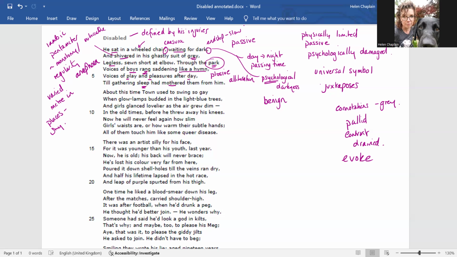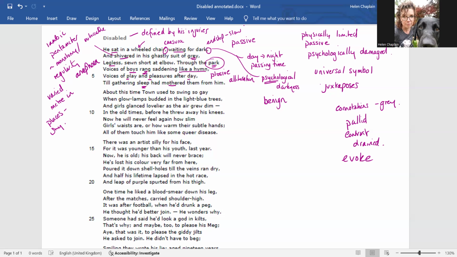It used to herald, it used to mark the start of the evening. When he was a young man, it was something to look forward to, because the town used to swing so gay when glow lamps budded in the light blue trees.